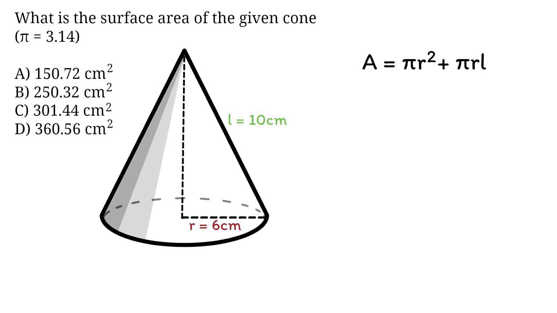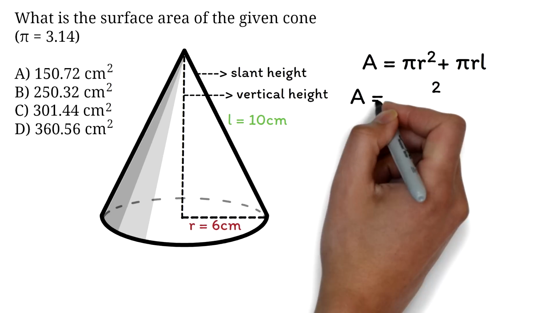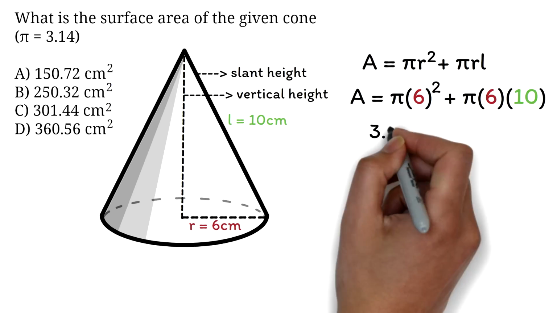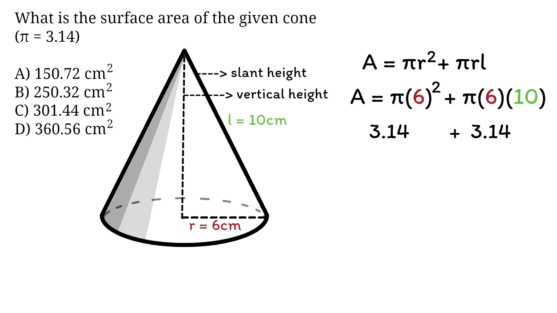From the figure, our radius is 6 centimeters and slant height is 10 centimeters. Please be careful about the slant height. You are sometimes given the vertical height, not the slant height. We plug these values into our formula. We calculate pi times 6 squared plus pi times 6 times 10. Pi is 3.14. 6 squared is 36, and 6 times 10 is 60.